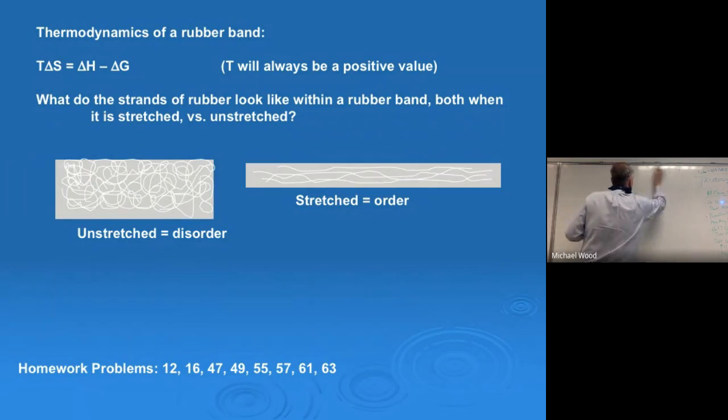So delta G is 0, equal to delta H minus T times delta S. So delta H is equal to temperature times delta S.